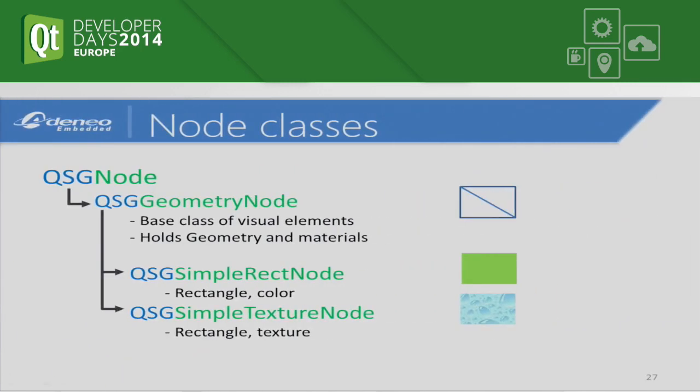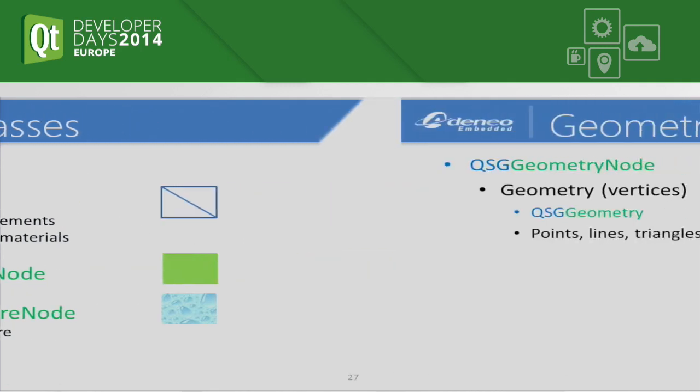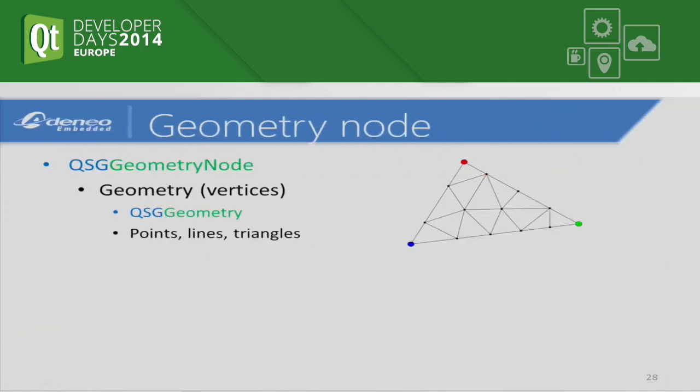And in the geometry node, you have the very simple one, the basic geometry node that lets you handle the geometry and the materials by yourself. So it's the lower level one. You have the simple rect node, which is also for convenience to let you create a rectangle with a specific color, or simply color actually. And the second one, which is the simple texture node, which lets you show a simple image in your component.